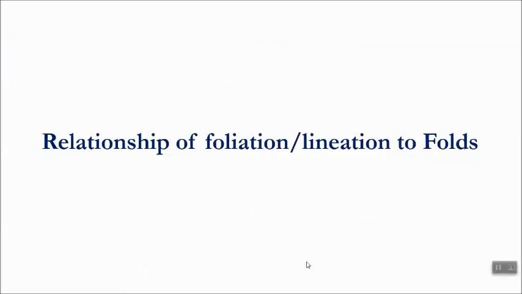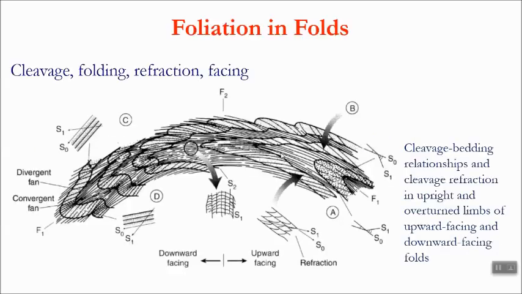Okay, after this, we will see how foliation and lineation can give us different information regarding folding in the region. Suppose let us consider this figure. In this figure, we can see that we have different alternate bands, these are bands of sandstone and shale. We have some kind of foliations which are developed due to folding.